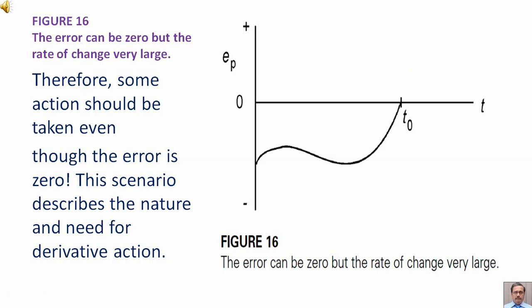Therefore, some action should be taken even though the error is 0. This scenario describes the nature and need for derivative action.